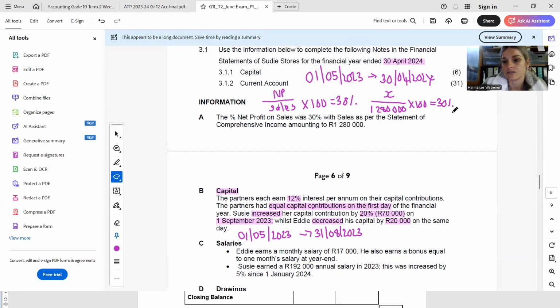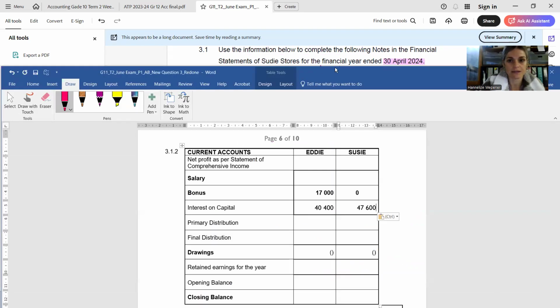So now we're just going to do the inverse. Where we said divided by, now we're going to say multiply by 1.28 million. Then we said multiply by 100, so now we are going to say divided by 100. That will give me my net profit. So let's do that real quick.